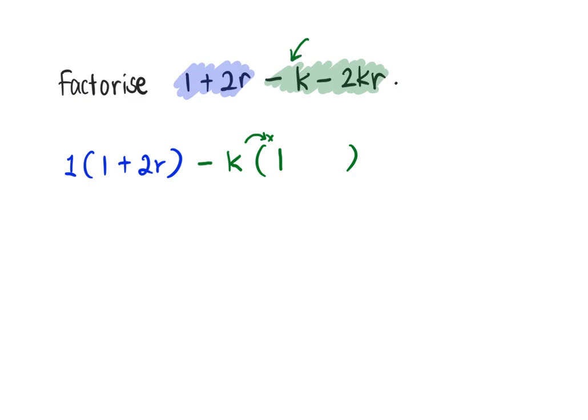And again, Mr. Tan writes a positive 2r, because if I expand out negative k times positive 2r, I will again get back my negative 2kr. And everything works out nicely because I can now see my common factor.